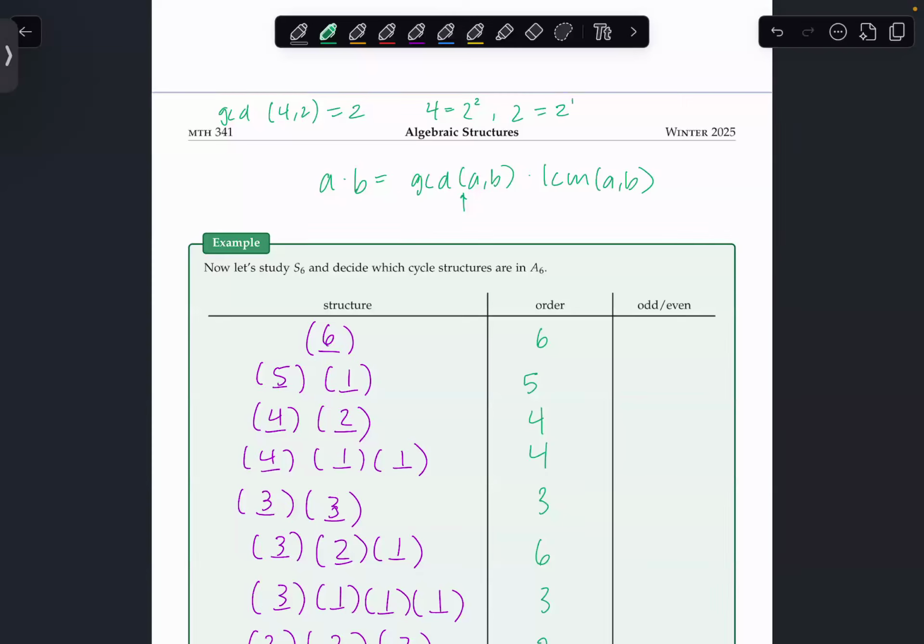So am I taking the min or the max in terms of my powers for GCD? I'm taking the minimum between the two. And for my LCM, I'm going to be taking the maximum between the two, because I really want it to be a multiple of both. I have to take the most amount of my primes as I can, and I don't take any more so that it's the least of my multiples here.